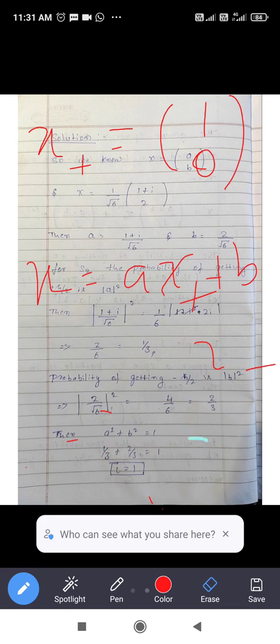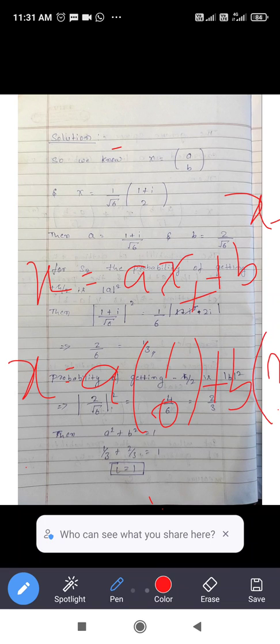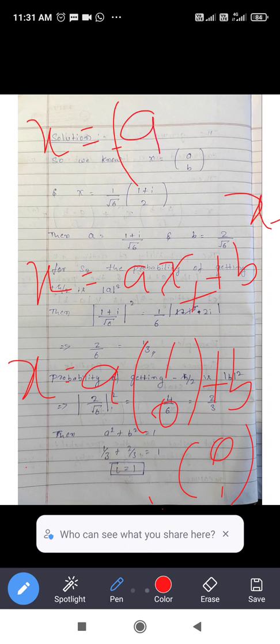So the linear combination of the two states is a times chi plus and b times chi minus. Chi is equal to a times (1, 0) plus b times (0, 1). Multiplying, we get (a, 0) plus (0, b).